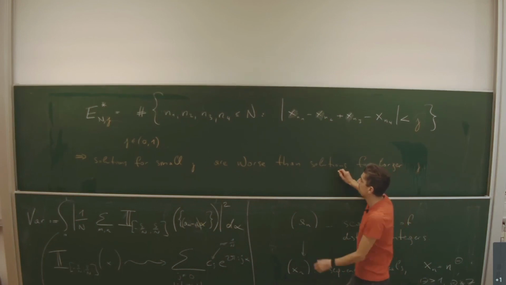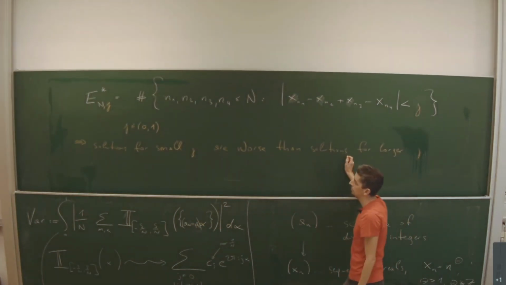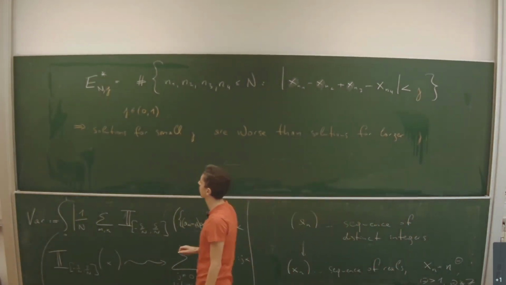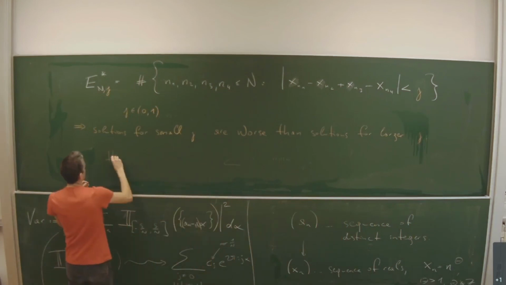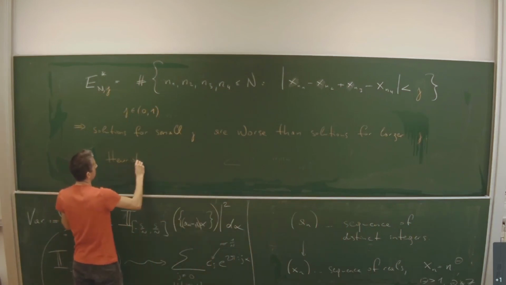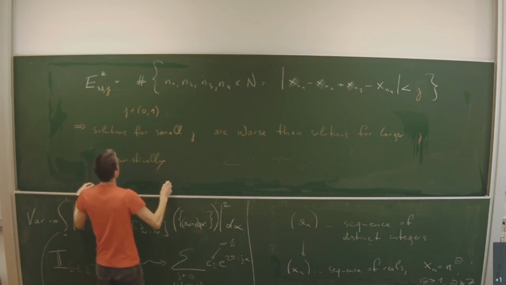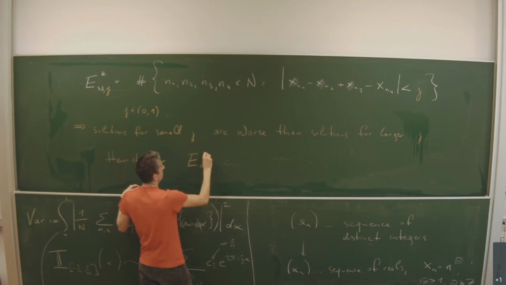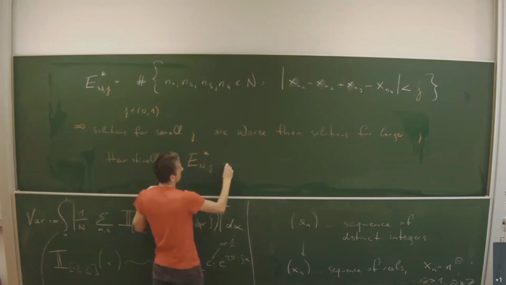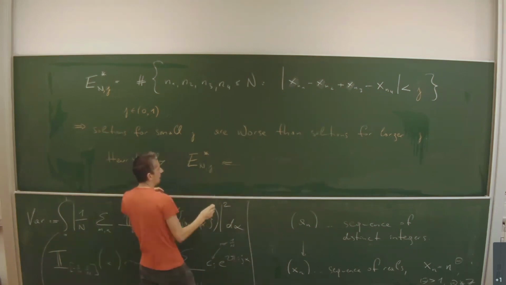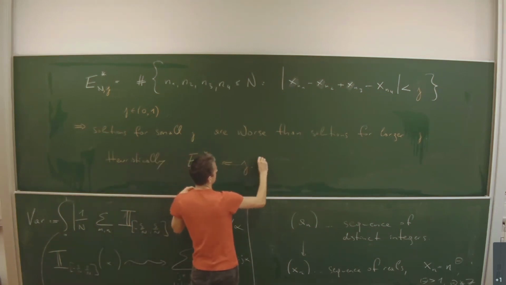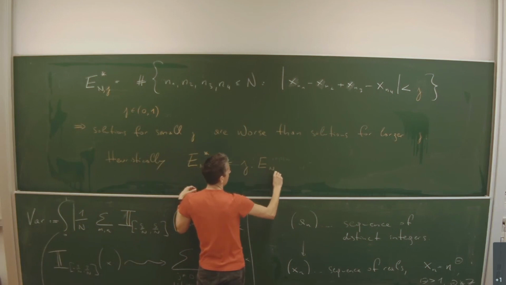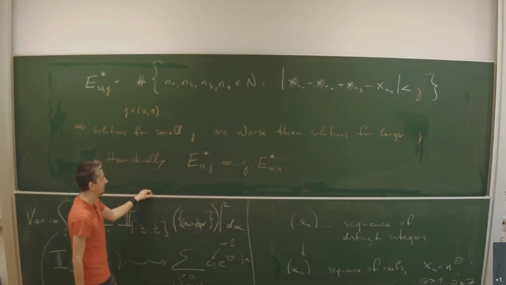So maybe heuristically, you might hope that the solutions have some degree of uniformity, some degree of regularity in gamma, so that the solutions up to gamma here should be roughly of order gamma times solutions with 1 on the right-hand side.